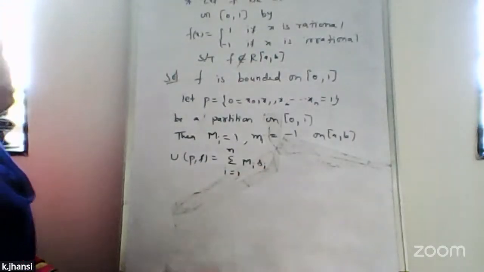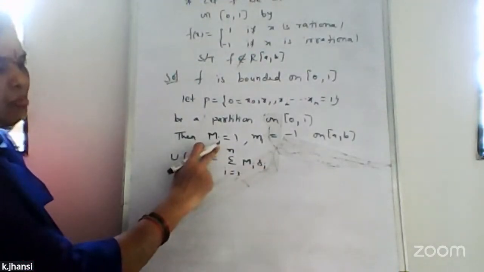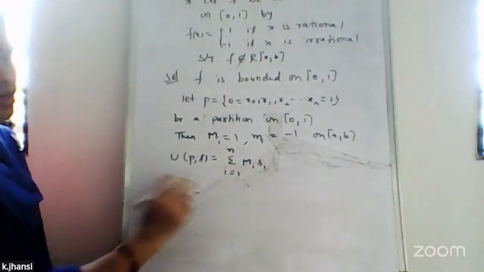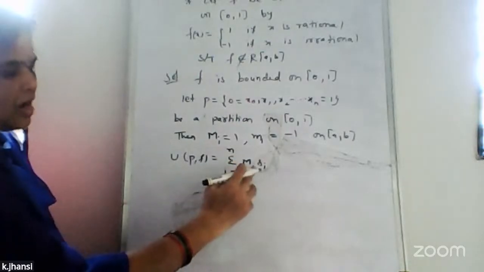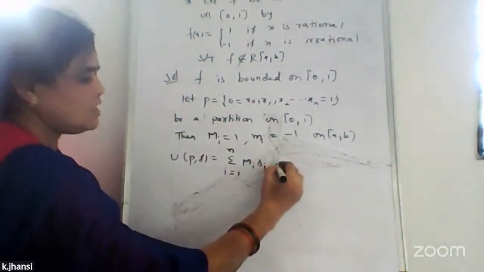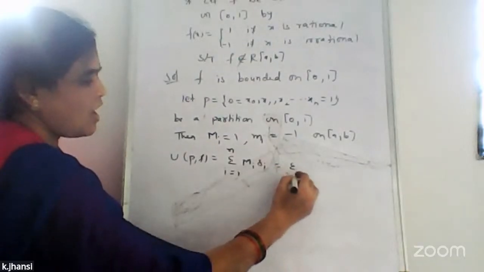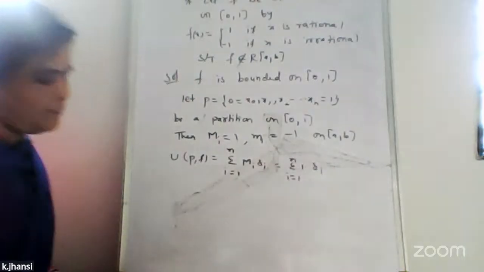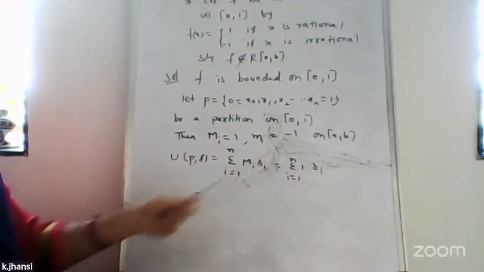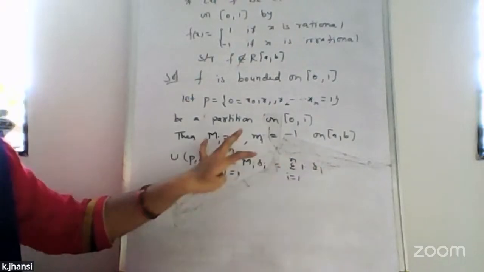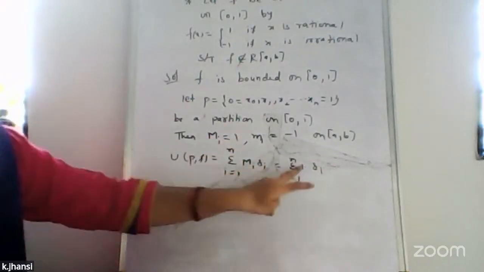Instead of r we are taking i here; either you can write r equals 1 to n or i equals 1 to n. Now substitute the value. What is the Mi value? Mi is 1. So it is the summation of 1 into delta i. Only one element is there, so 1 into delta i equals 1.